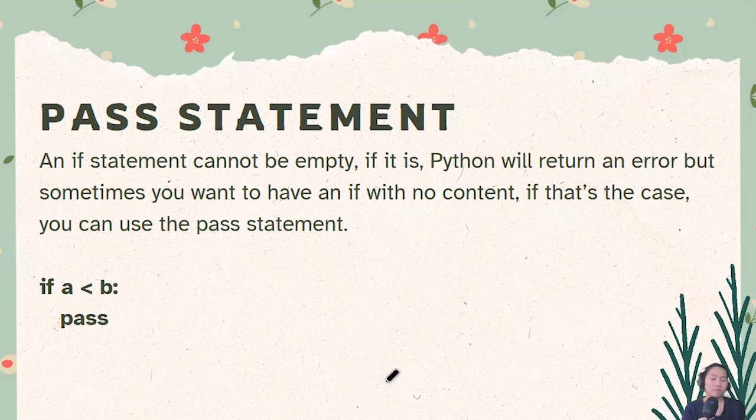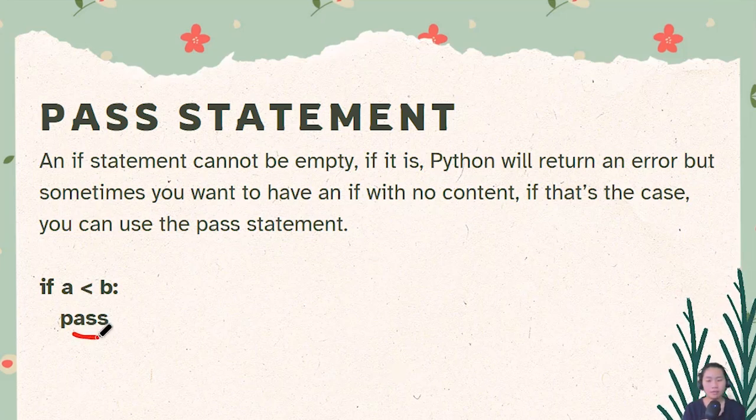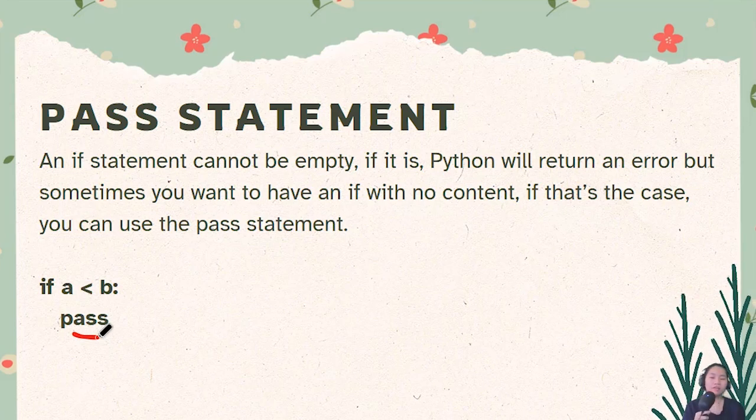But sometimes you don't have the content, so what can you do? You just need to put in a pass, and Python will pass along, okay? Just use the pass statement if you don't want anything to be after the if, or else for that matter. If, else, and elif, it works the same.